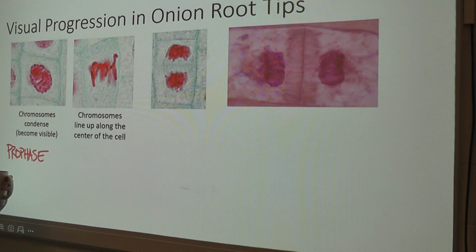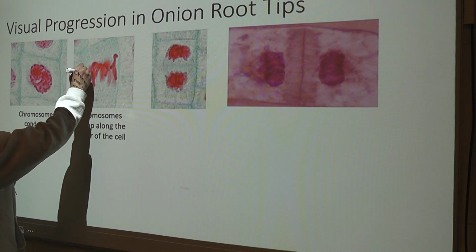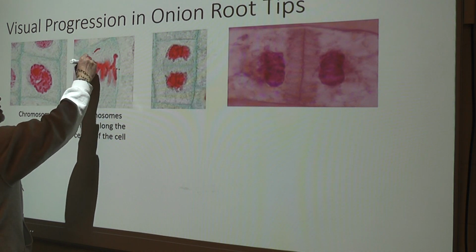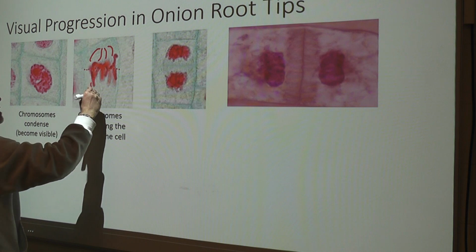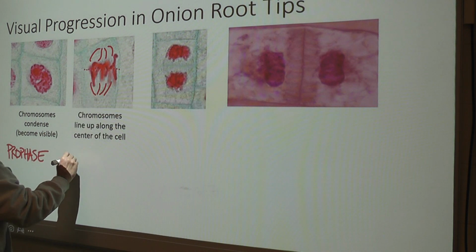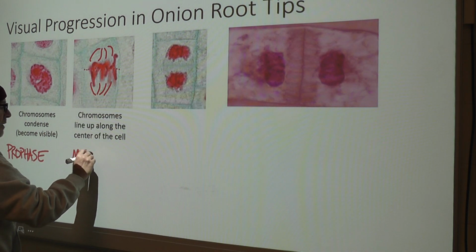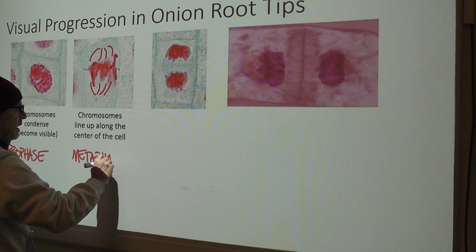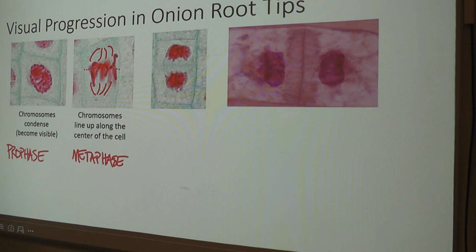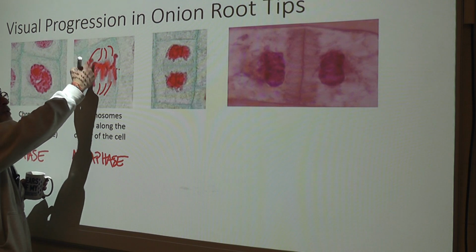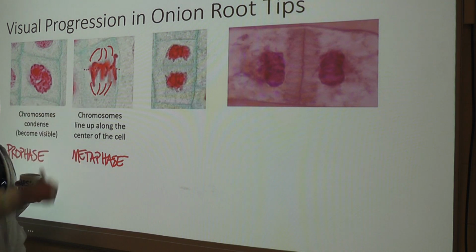The diagram that I showed you before had a left and a right. In this case, the center of the cell is here. Those spindle fibers are coming up like this. This is metaphase. And this is where the sister chromatids are on opposite sides of the cell, but are still attached.